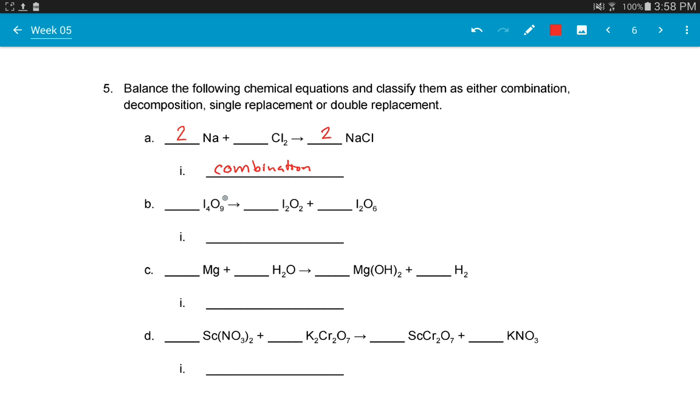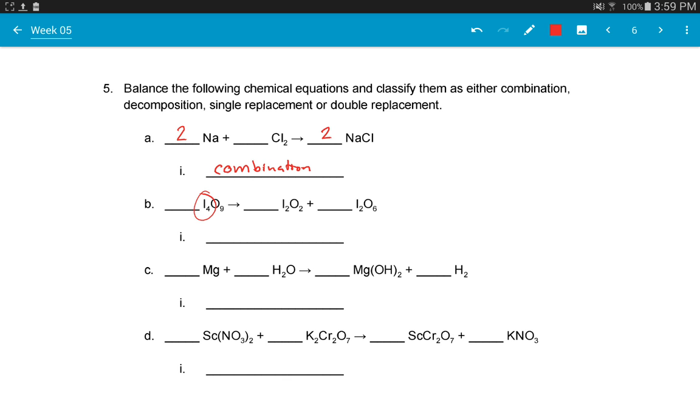We have I4O9 reacting to form I2O2 and I2O6. So all of these compounds have iodine and all of them have oxygen. Where do we begin? Well, in a problem like this, one of the first things I'm going to look at is the iodines.